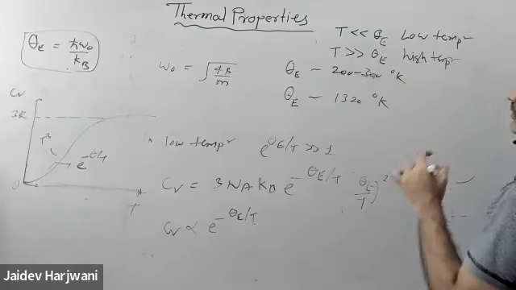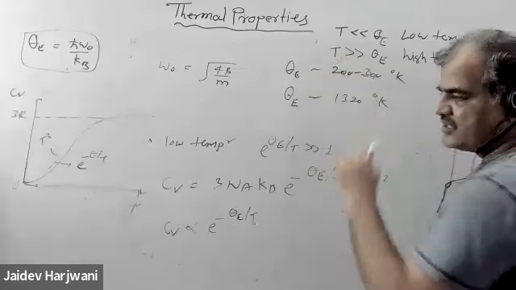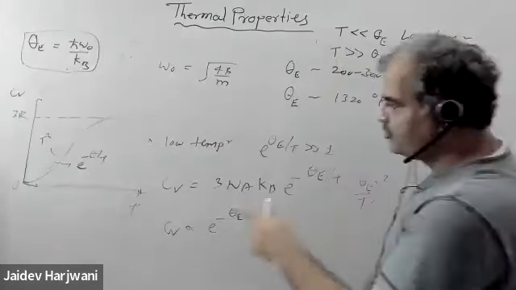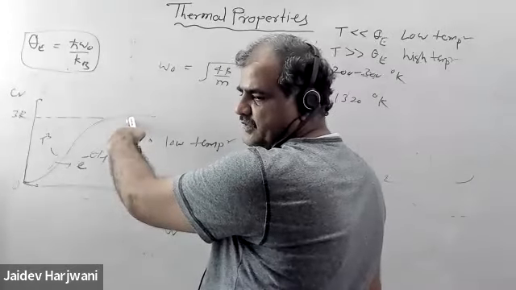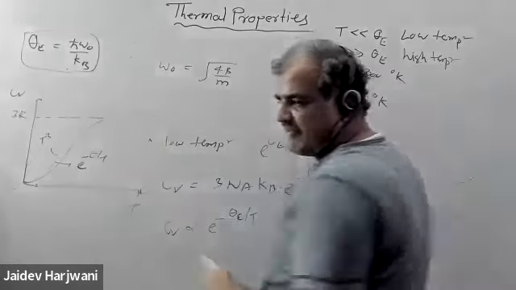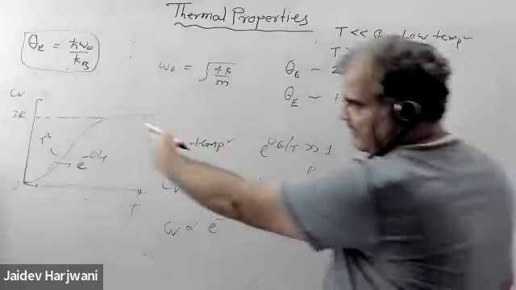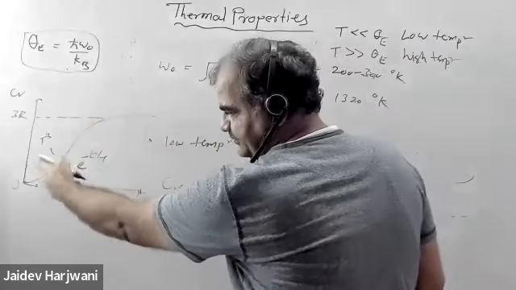Now, for the case of diamond, if I have a temperature of 2000, you will get CV equal to 3R. But if for diamond I have a temperature of 500, then I won't get 3R; I will be getting this slope.